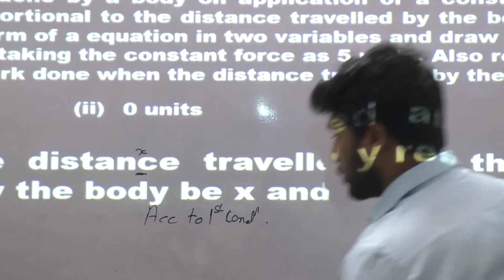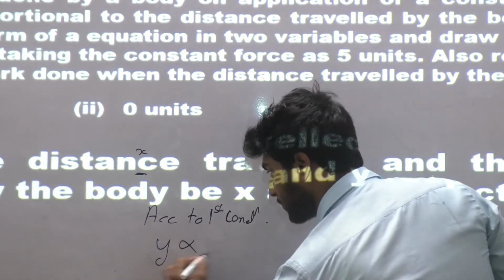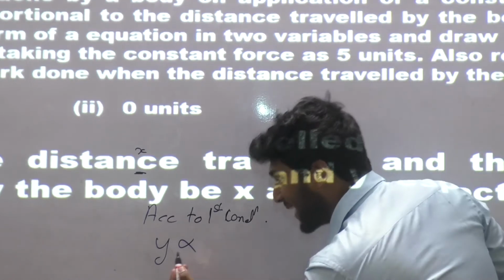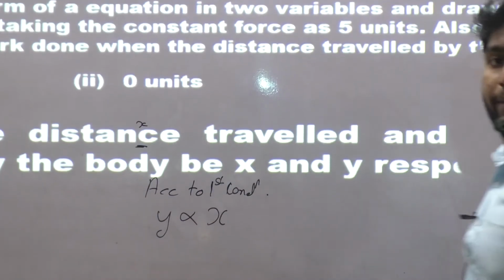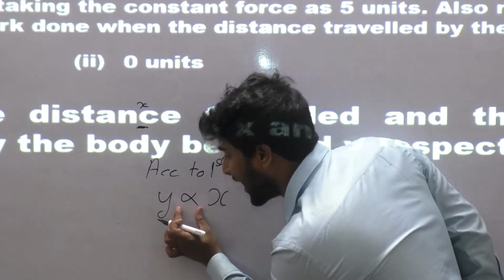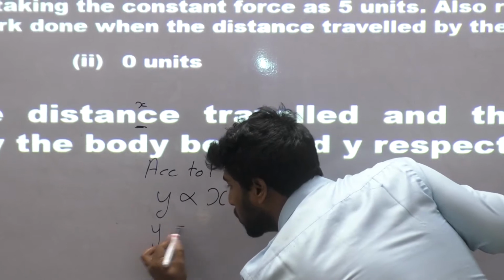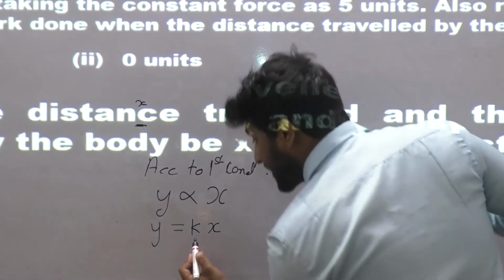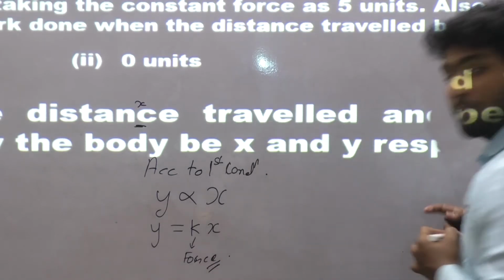Work done by the body is directly proportional to the distance traveled. अब distance क्या लिया हमने? x, by the body. अब हमको पता है कि जब भी हम इस प्रोपोर्शनैलिटी के साइन हटाते हैं हमें इक्वल टू और कांस्टेंट रिप्लेस होता है. मतलब क्या होगा? y is equal to kx, where this k is nothing but the force. समझ में आया आपको?